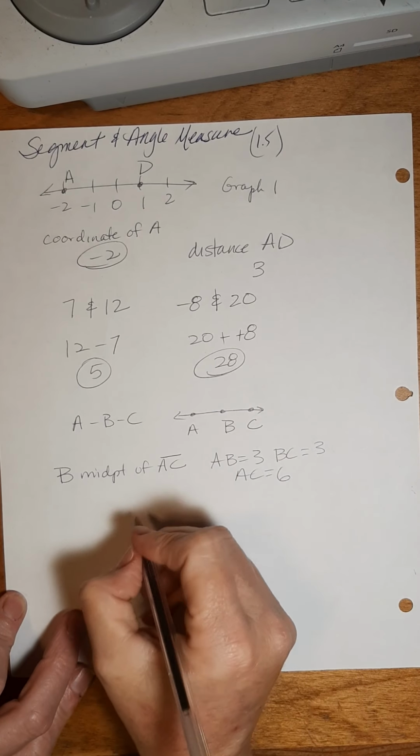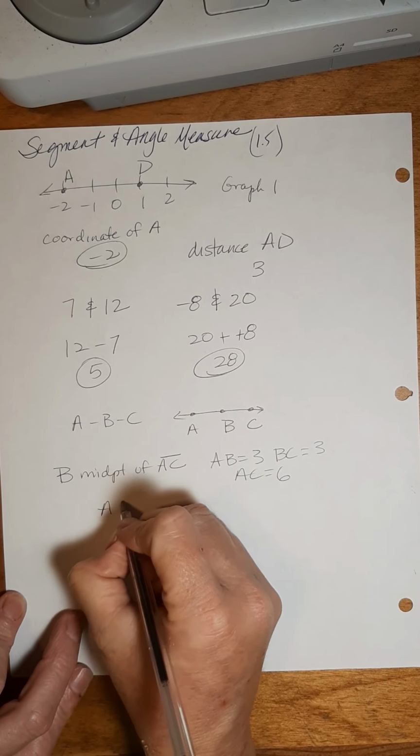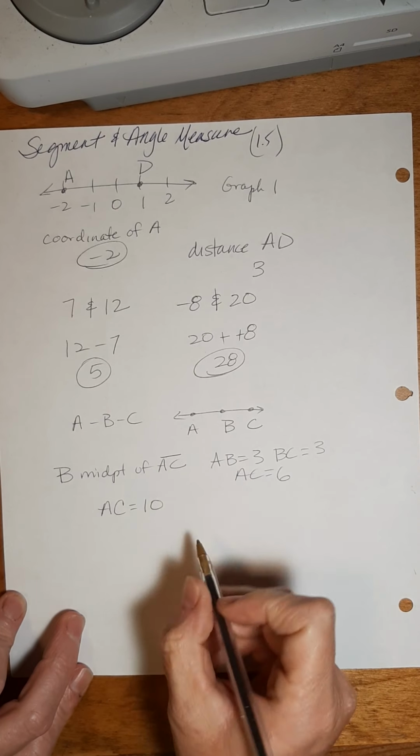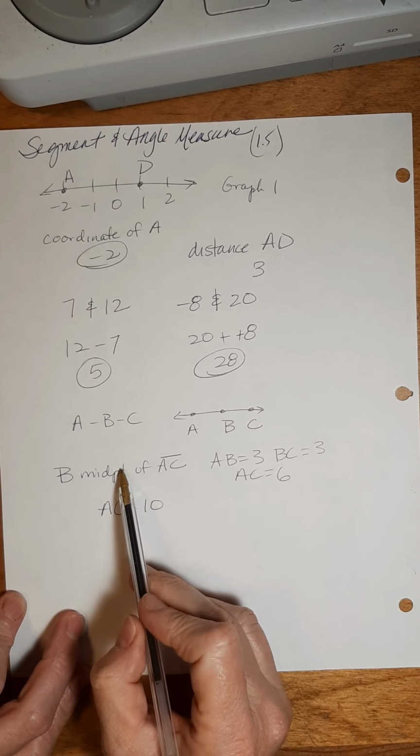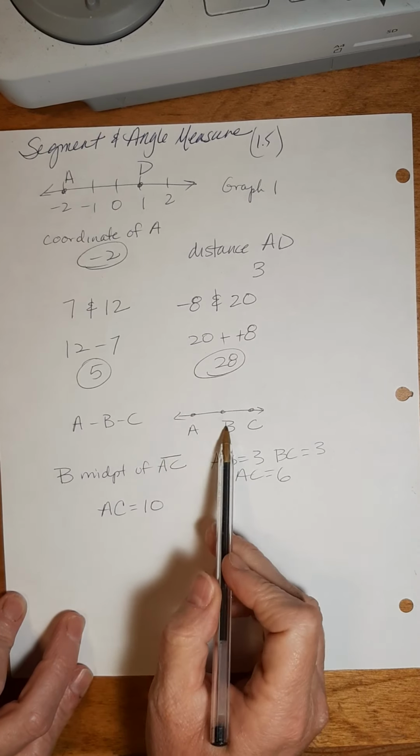You could always reverse it, and let's say if I said AC is 10. If the whole thing is 10 and B is the midpoint, and that mark just means they equal, it's called a tick mark. If the whole thing is 10, and if I said find AB, which is just half of it, 5.